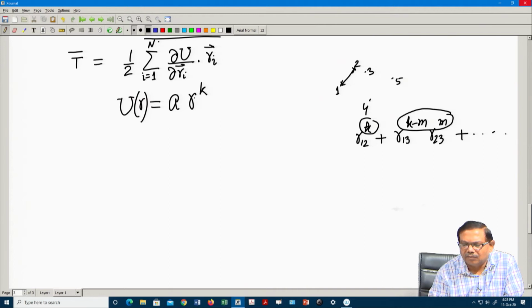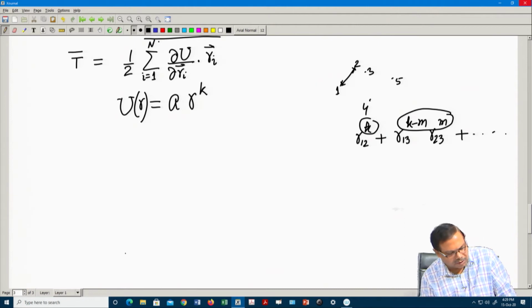If there are more than one springs and masses, there would be more potential energy, but all will have a similar kind of behavior. All springs will behave in a similar manner. So, that would be a homogeneous function and the degree would be 2, quadratic, for an ordinary spring.